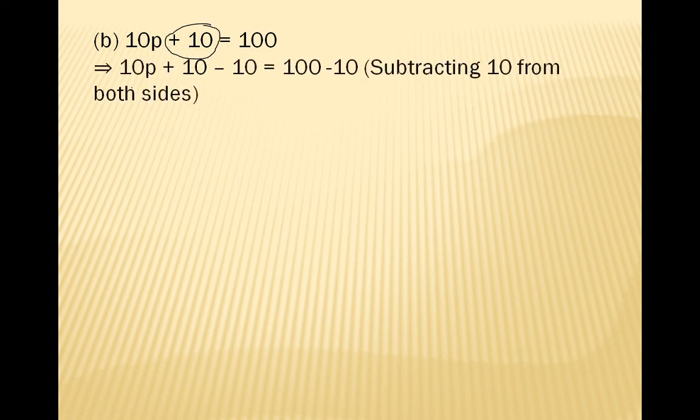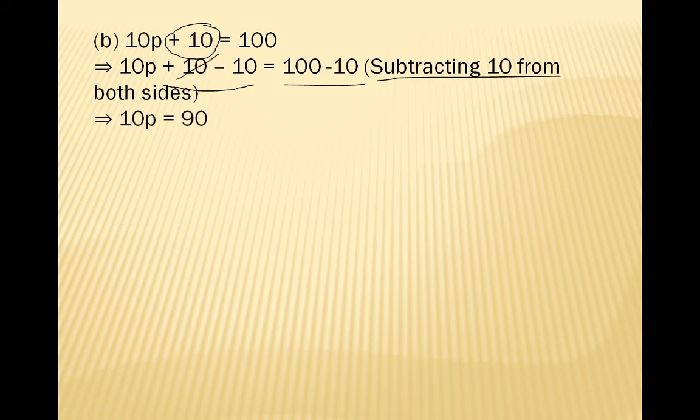10p plus 10 is equal to 100. Now look at here, plus 10 is there, so we have to do here subtract 10. So 10p plus 10 minus 10, so 100 minus 10, subtracting 10 from the both sides. So plus 10 and minus 10 will cancel each other, so 10p and 100 minus 10 is 90.